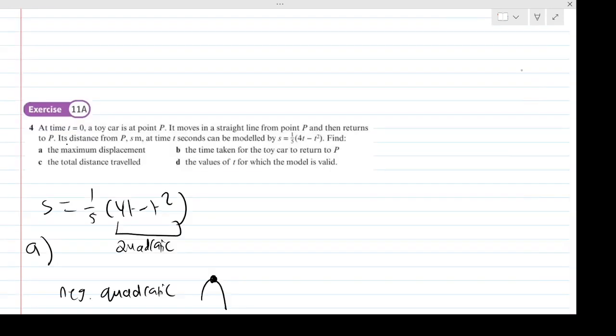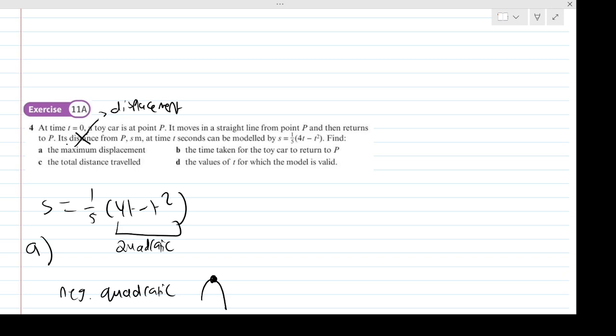But there we are. Okay, then for part B, it wants the time taken for the toy car to return to P. Now, I've looked at this, but I think, again, there's an error with the textbook. I think it's displacement here, not distance, because I don't think the mark scheme they've given makes sense if it was distance, okay?